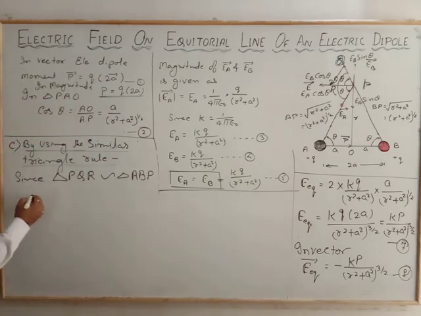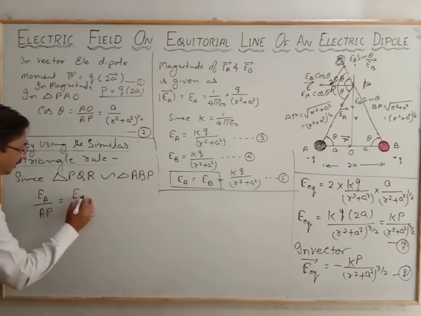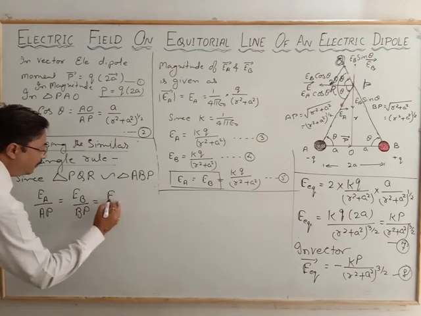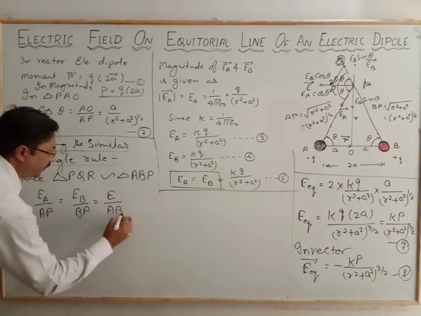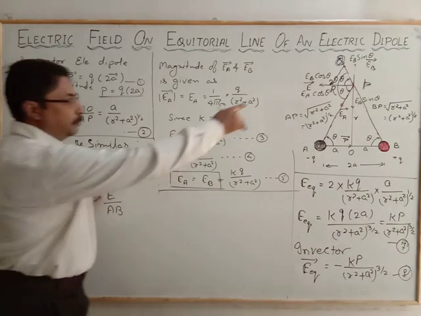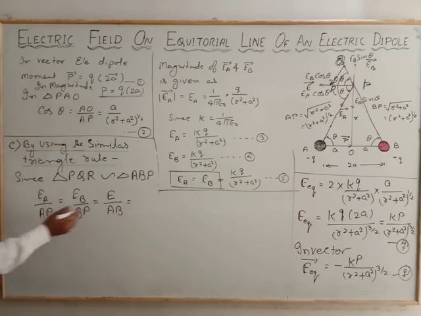We write the ratio of the arms: E by AB is equal to EB by BP is equal to EA by AP. Now we have to calculate the electric field E at the point P, as all three ratios are constant.